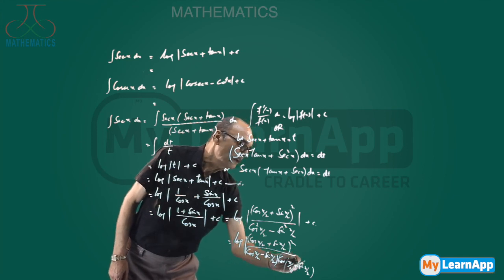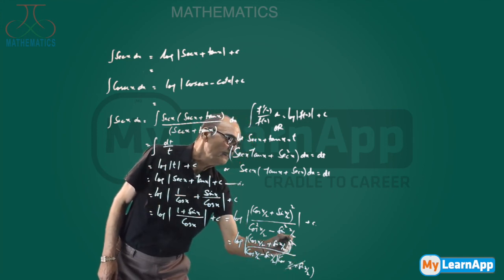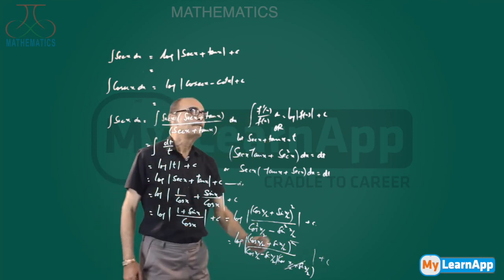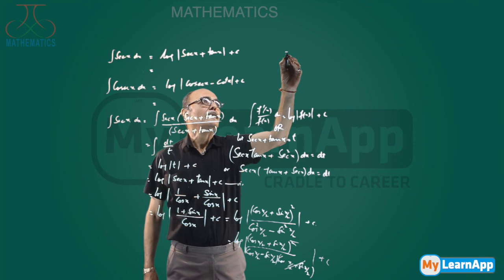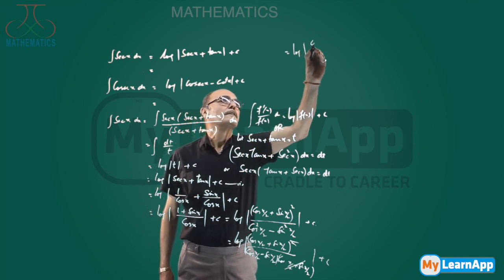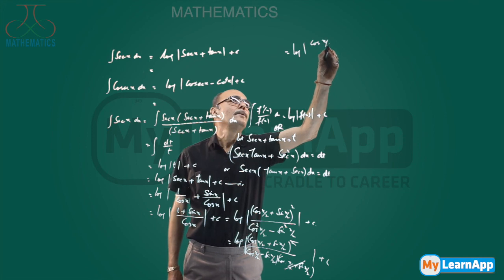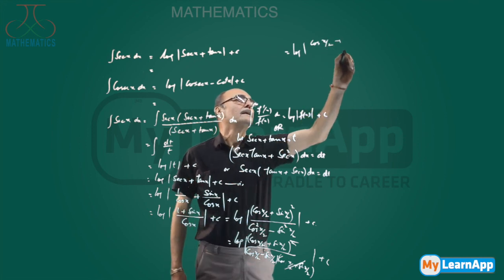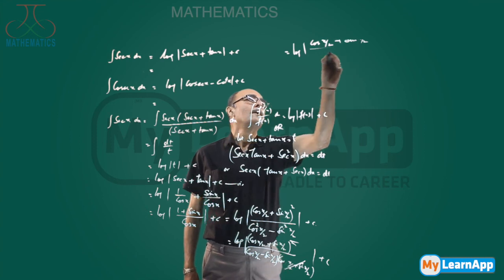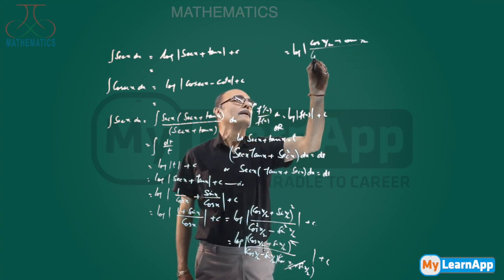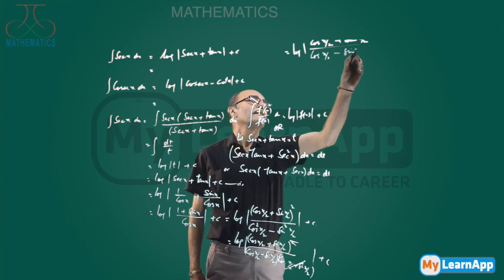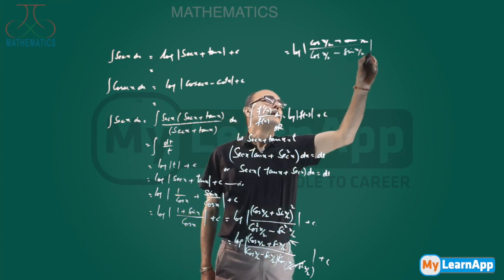This cos x by 2 plus sin x by 2 gets cancelled with one power of the square, and you are left with log of cos x by 2 plus sin of x by 2 upon cos x by 2 minus sin of x by 2 plus c.